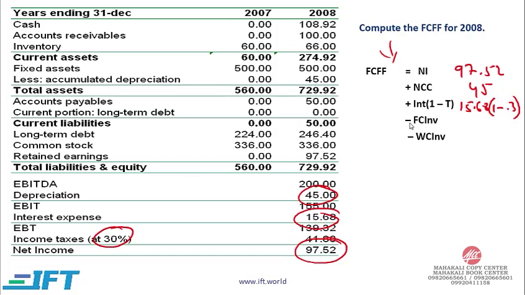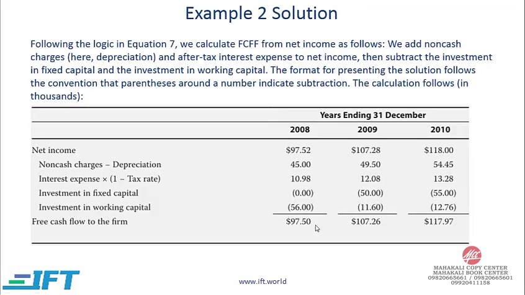And then you subtract the fixed capital investment, which is 0 because you are staying at 500, so minus 0, and minus the working capital investment, which we actually calculated on the previous slide, but it can also be calculated based on the information shown over here, using these three elements. That's minus 56. So when you do the calculation, you should get 97.50.